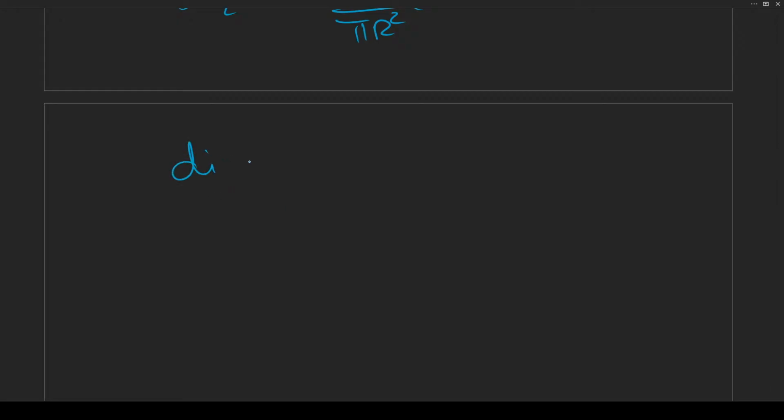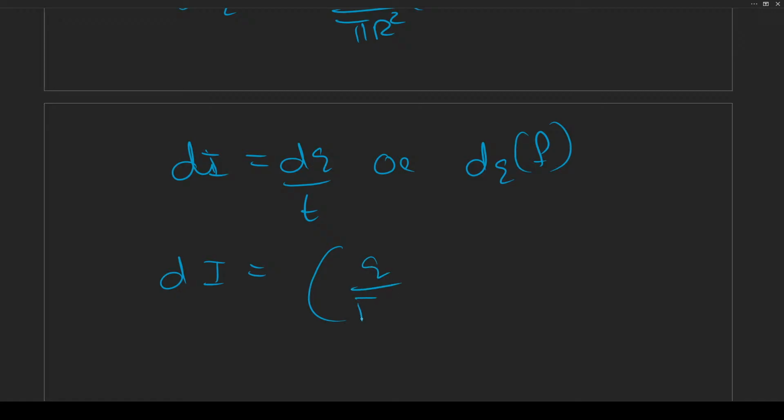And di, which equals dq by t, or dq times f. di equals dq, which is q by pi r square, the charge per unit area, per unit circumference, times f.